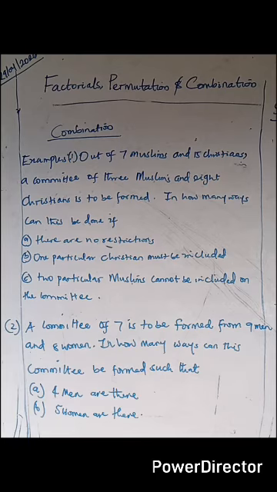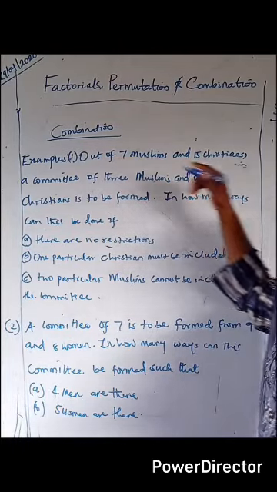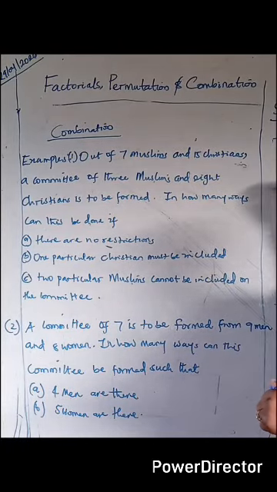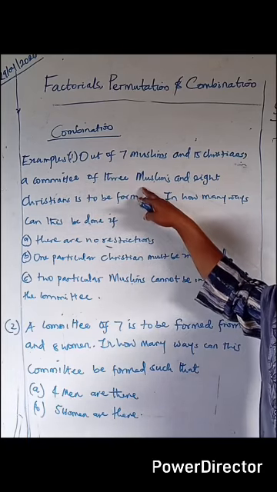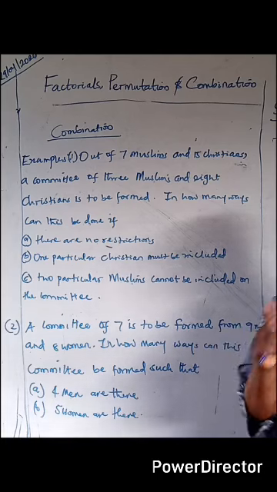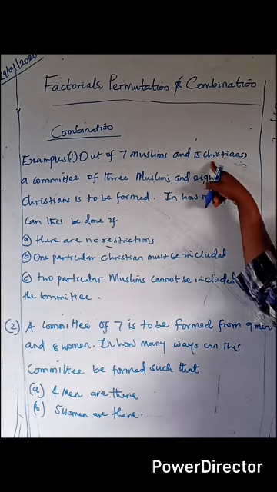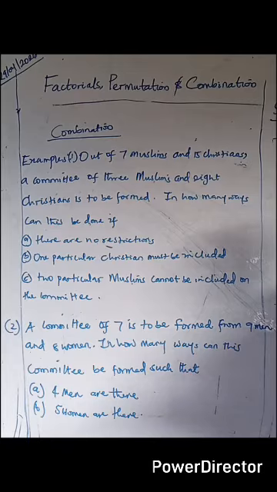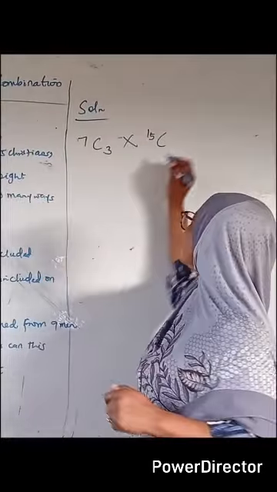So how do you do that? You have 7 Muslims. That's the number of Muslims that you have. 7 combination, how many are you picking from the 7 Muslims? You are picking 3 people. So 7 combination 3, and it is multiplication, times. How many Christians do you have? 15. 15 combination, how many people are you picking? You are picking 8 Christians.